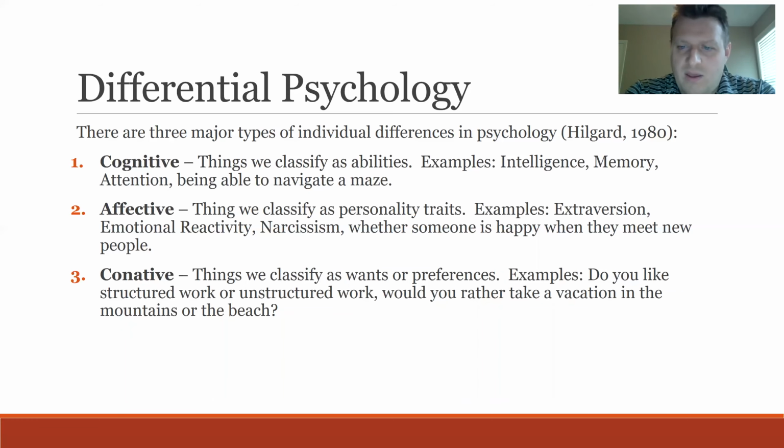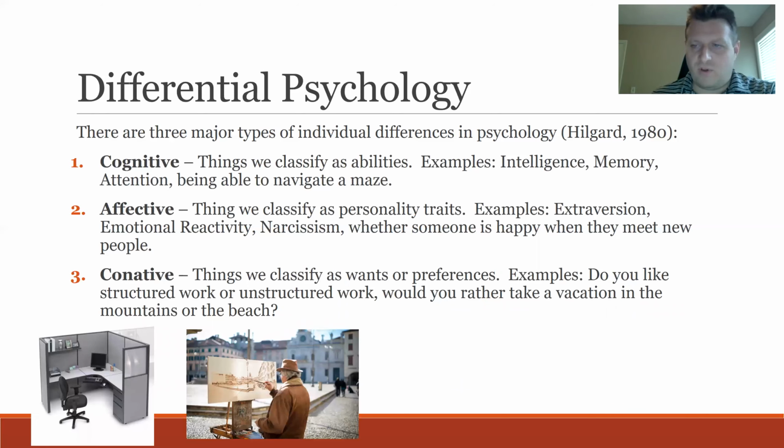So do you prefer to work in a structured environment or an unstructured environment? Do you prefer to work from 9 to 5 every single day and you're told exactly what to do, or do you prefer to be your own boss? This is a preference. These are things that we're going to call conative individual differences.